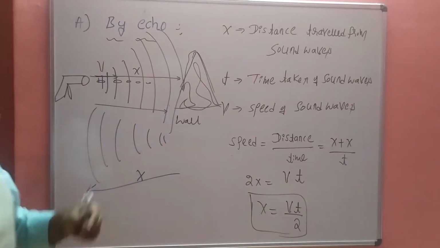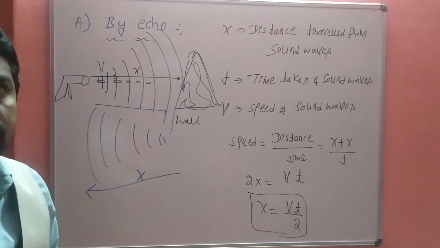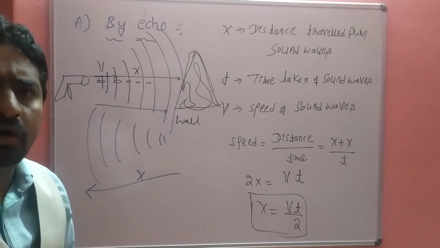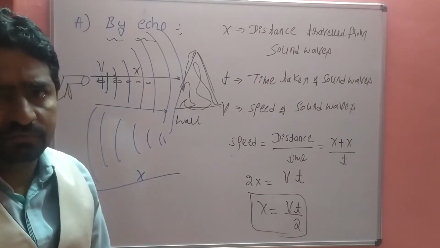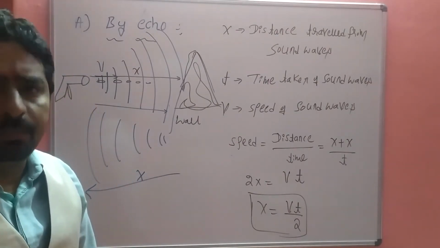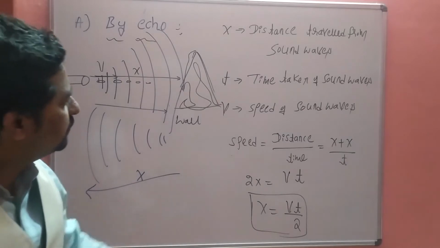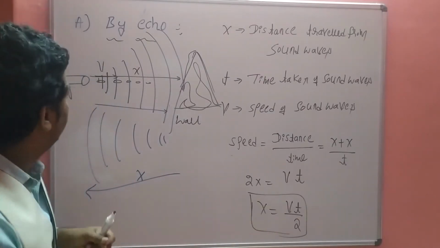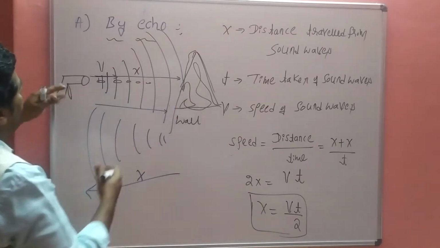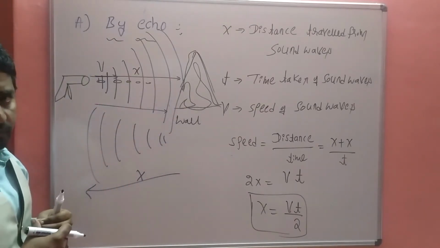It is an indirect method. I cannot use any measurement instruments or equipment. By using the calculation method, the length between the gun and the wall is measured.